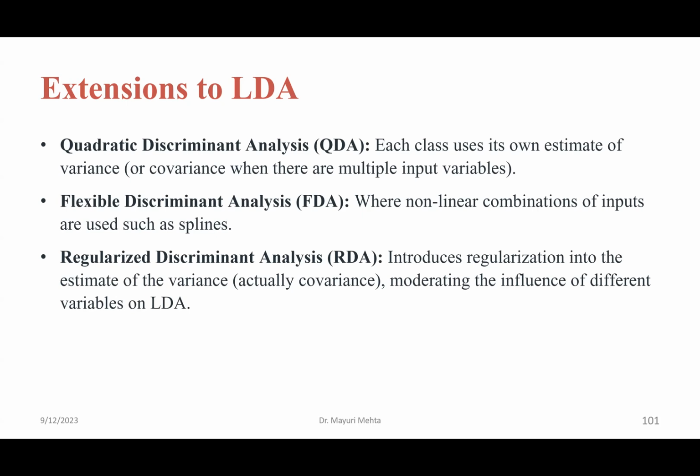Flexible means non-linear combinations of inputs are used. It's okay if you do not know much about these, because to have good information on these three extensions, you need to go in deep. I have included this content just to make you familiar with these terms.